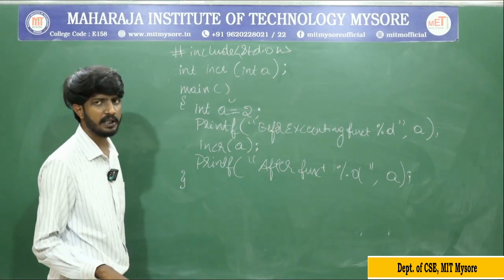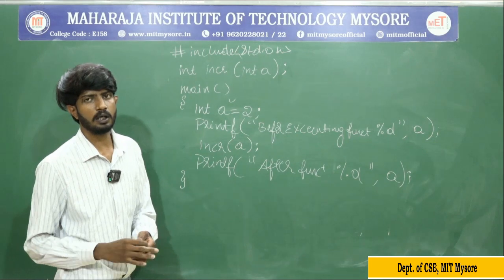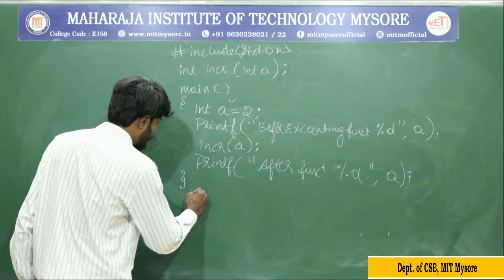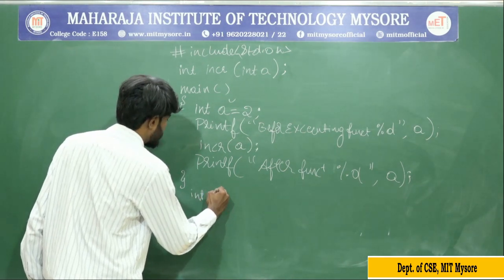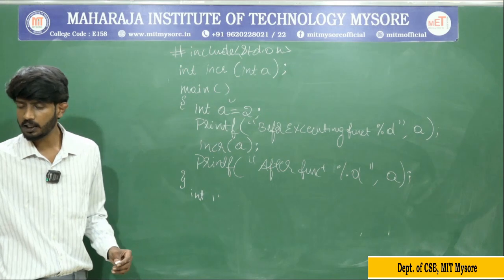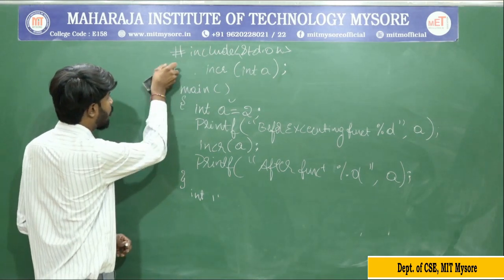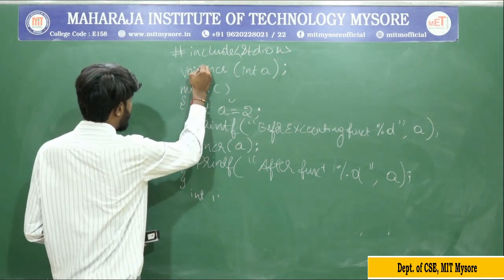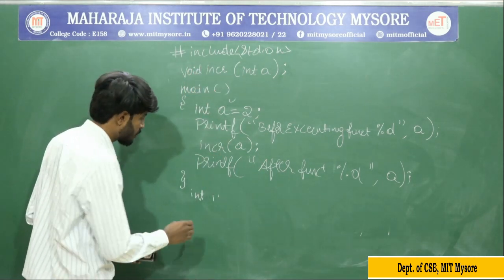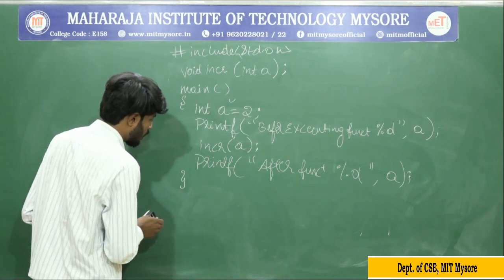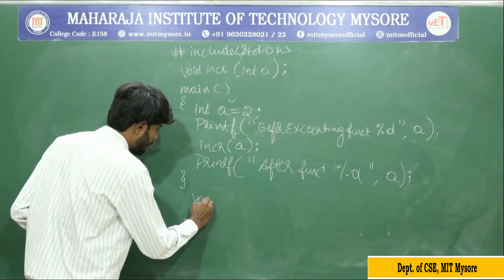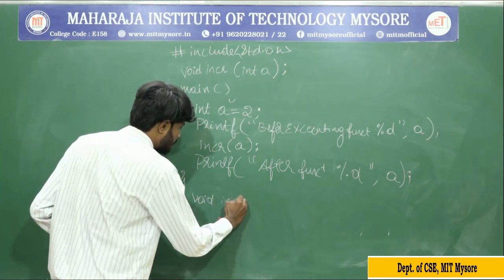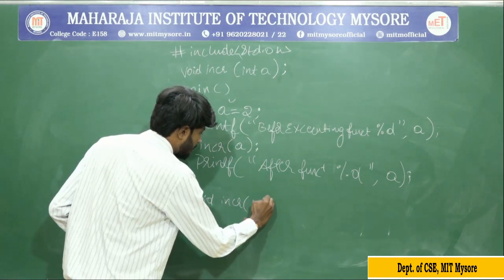Now I will write the implementation of the function. Since I am not returning anything, I will take this as void: void incr, int a.